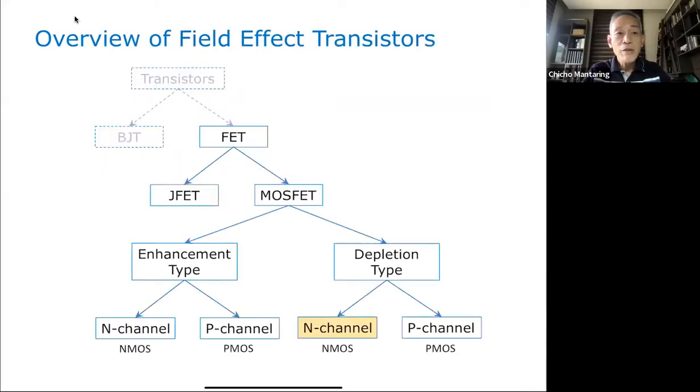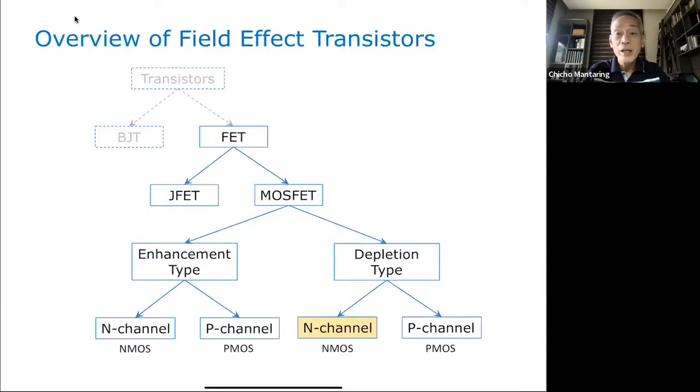Okay, first, I want to give you an overview of field effect transistors. So we started our journey in transistors with a discussion of the bipolar junction transistor, or BJT. Actually, there are 2 general types of transistors. You have the BJT and you have the FET, or field effect transistor.